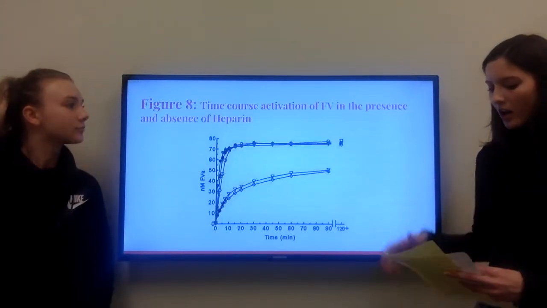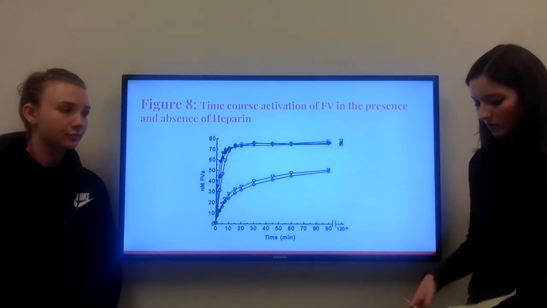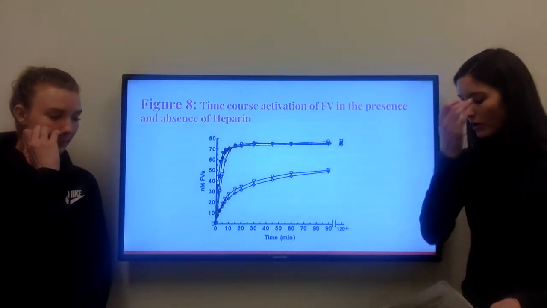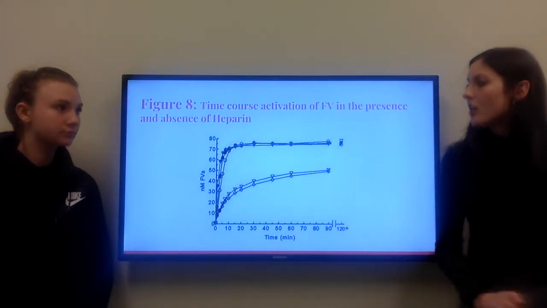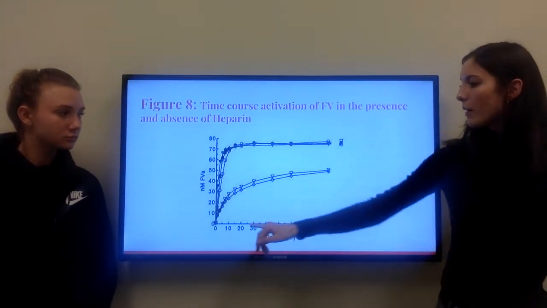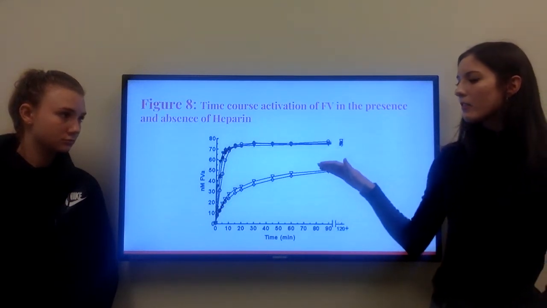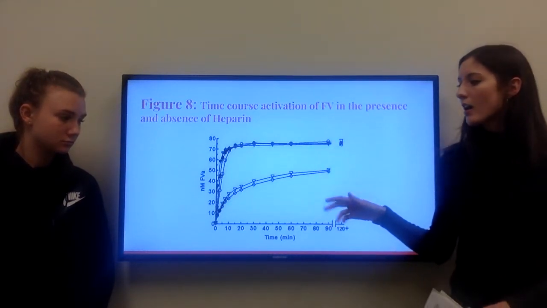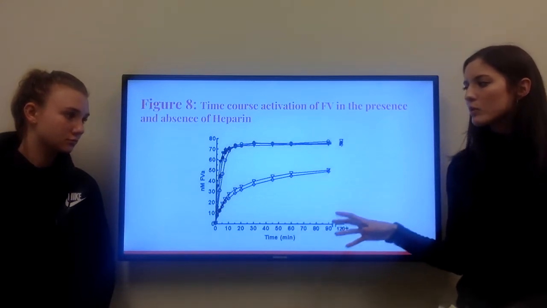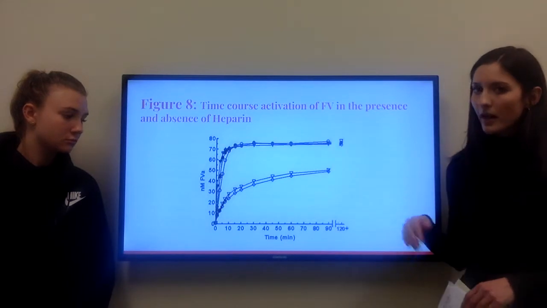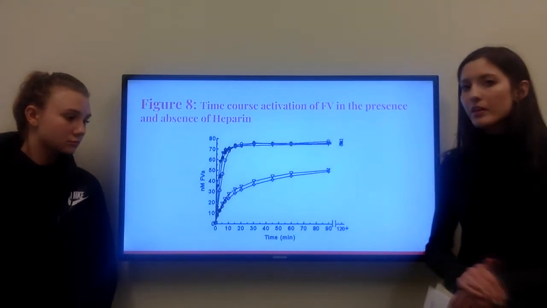So here, on the top line, those closed circles represent when heparin is present, and these open circles represent when heparin was absent. So that was really interesting because when heparin was absent, they had lower factor 5 concentrations over time, which was very interesting because this is representing a 10 units per microliter concentration of heparin that they used.